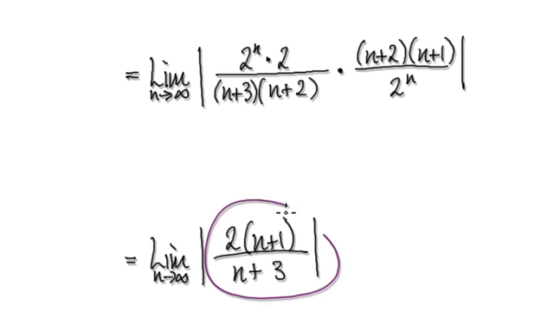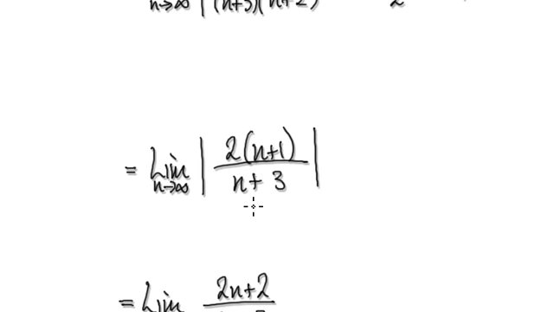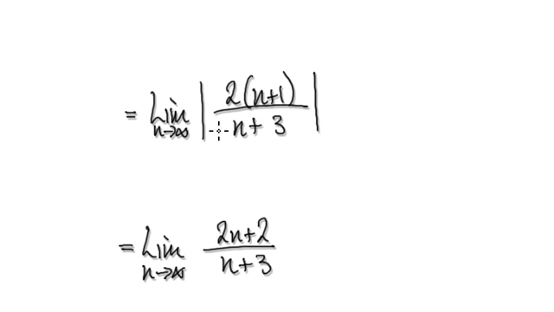Now we can drop the absolute sign, because n is always on the positive side. It's never going to be negative. So we can drop the absolute sign, and that gives you this.